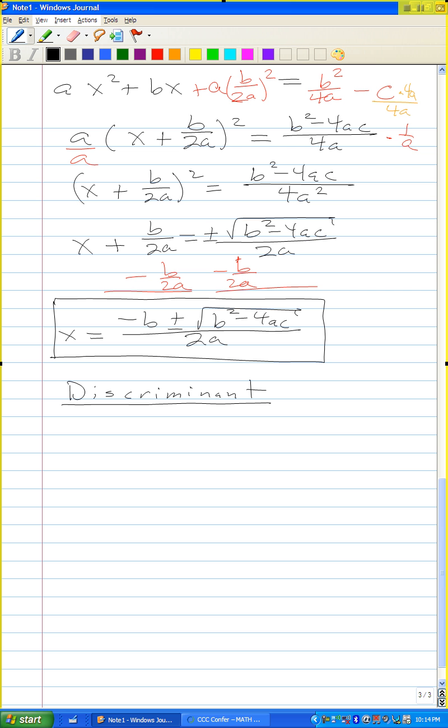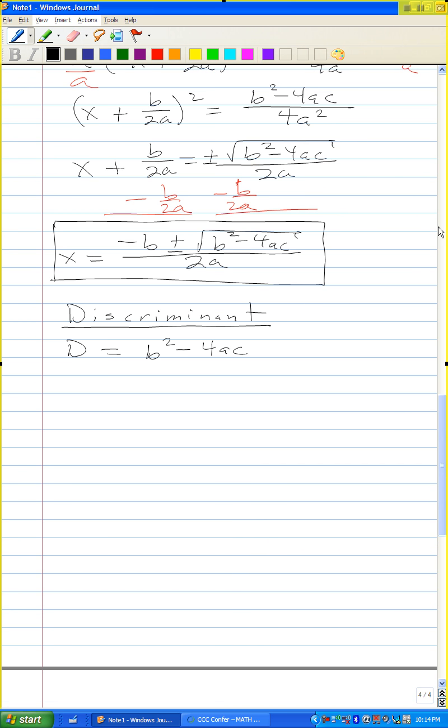So let d equal b squared minus 4ac. And so that's your discriminant. Your discriminant is, in this case, just what's inside the square root. So that says that actually you can determine the nature of your roots just by looking at the sign of the discriminant. And so let's do that.